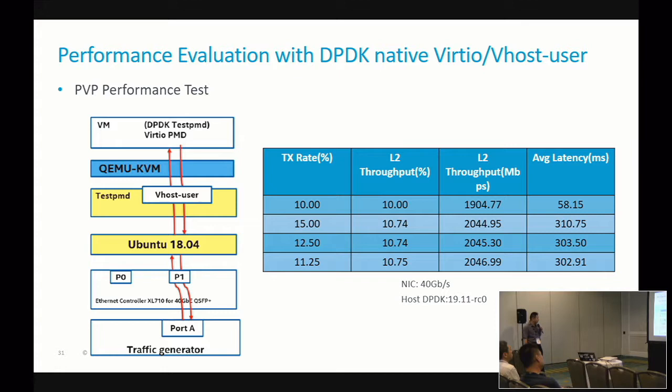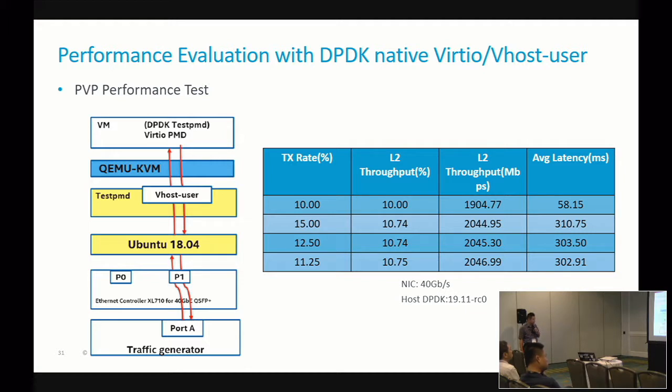This is about the performance evaluation from the physical NIC to virtual machines and back to the physical NIC, tested with Virtio. With Virtio, we gain only about 10% of the physical interface rate, and we have to reduce the transmit rate from the tester to about 10%, and from 10% to 11%.